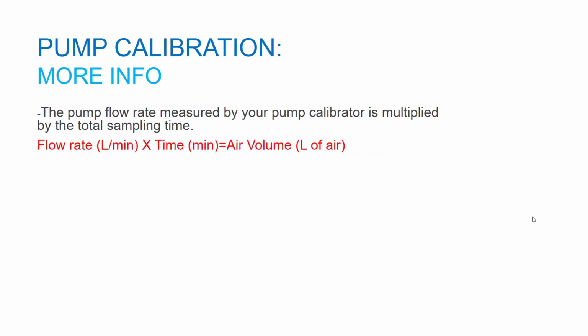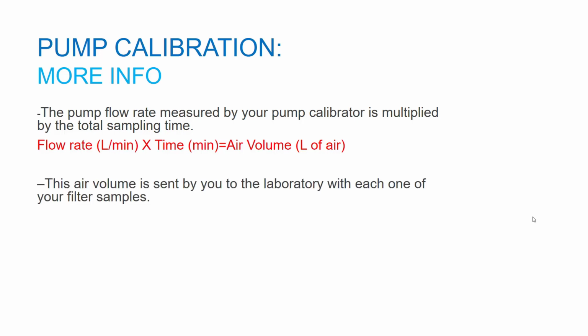Here's a little more information on this. The pump flow meter measures the flow rate of the pump in liters per minute. This flow rate is multiplied by the total sampling time in minutes to determine the air volume in liters. The air volume in liters is sent with your paperwork to the laboratory for each one of your filter samples.